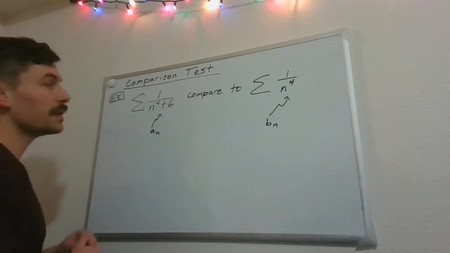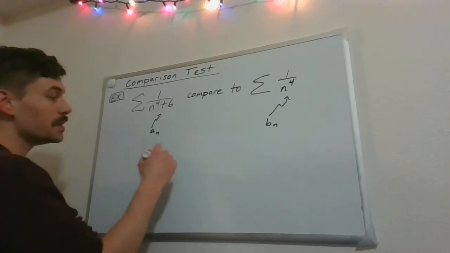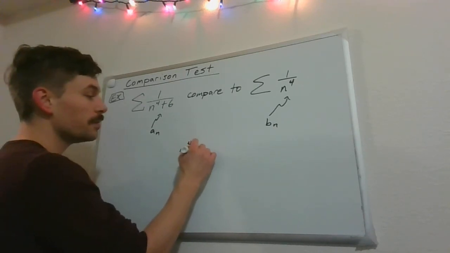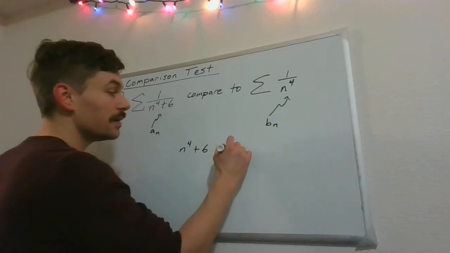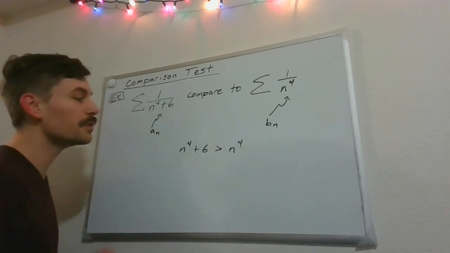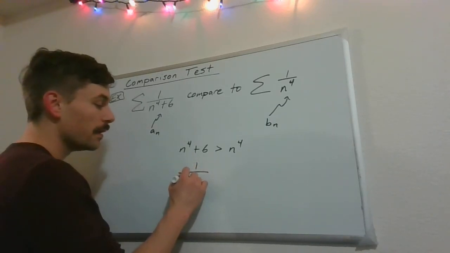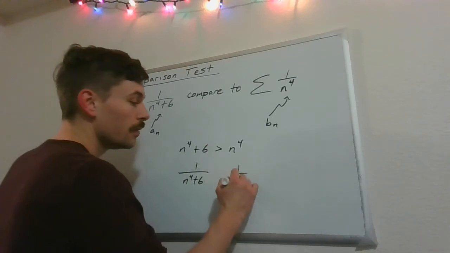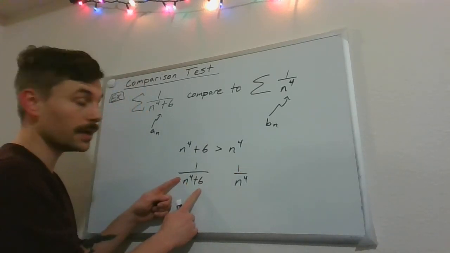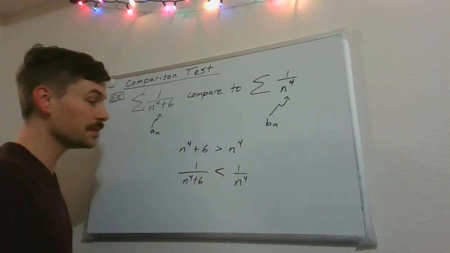So we can think about which of these two is larger just by saying, well, let's look at the denominators, right? N to the 4th plus 6, that's definitely larger than n to the 4th, right? Nothing too crazy to prove there, pretty straightforward. But when we do 1 over that, now we're saying, okay, this has a larger denominator, so as a fraction, it's smaller, so that inequality flips, right?